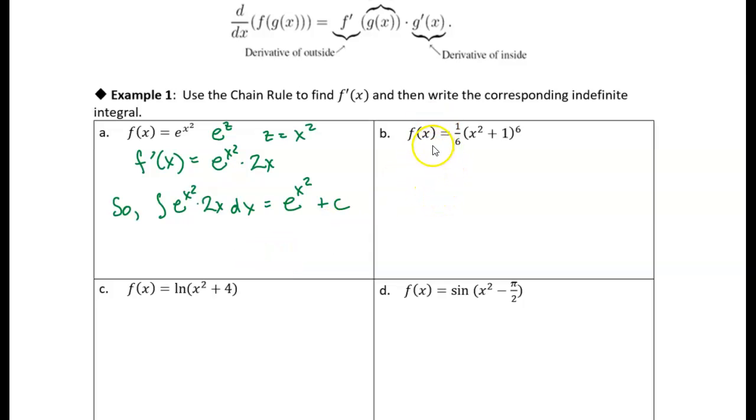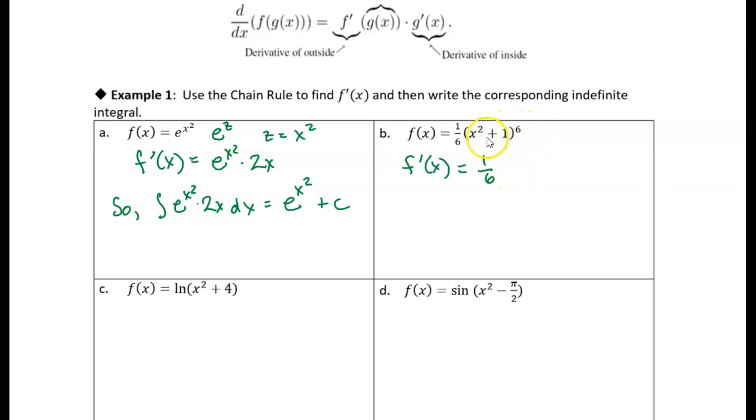Here we have f of x is equal to 1/6 times the quantity x squared plus 1 to the 6th power. Let's find f prime of x, the derivative of this function. So we just have 1/6, and the outside function is a power function. We've got this x squared plus 1 to the 6th power.